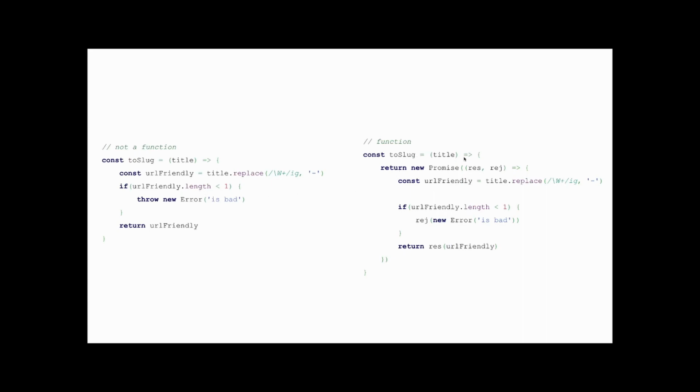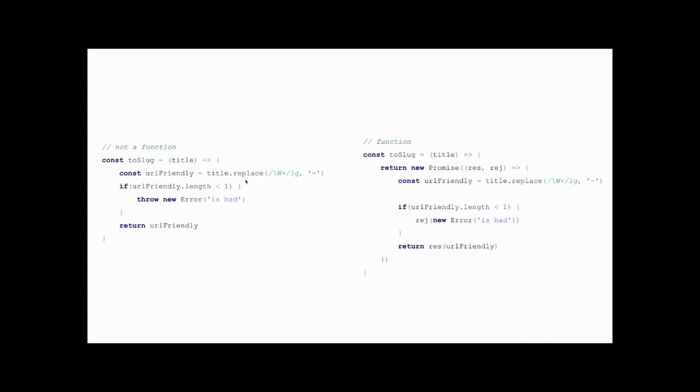But on the right hand side, we've got the same function. And what we do is that this function always returns a promise, and if the promise runs into an error, if something happens that wasn't expected, we return an error for that case. We do not throw an error. So this function either returns a friendly URL or it returns an error, and you can make decisions based on that error.